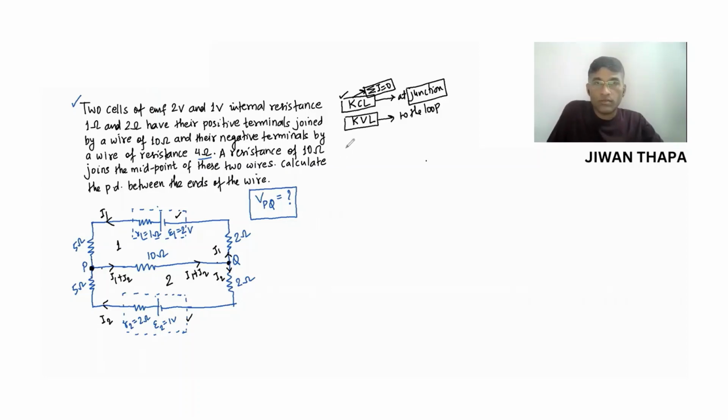So applying KVL to loop 1, I'm redrawing loop 1. This is 5 ohm, and this is R1 equals 1 ohm, E1 equals 2 volt.